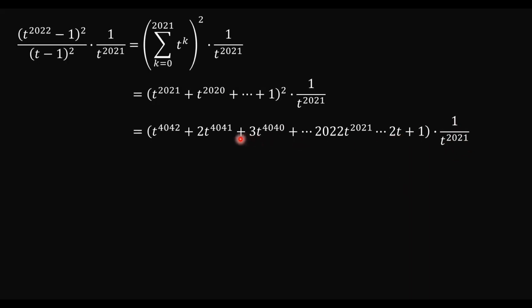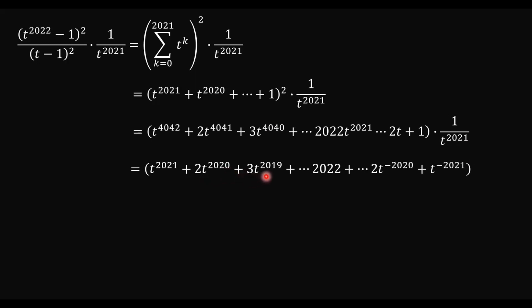So when you divide across by t to the power 2021, we get t to the power 2021 plus 2 times t to the power 2020 plus 3 times t to the power 2019 plus the rest. The t to the power 2021 term now results into a constant because it has been divided by a similar term, which is now the constant of 2022.